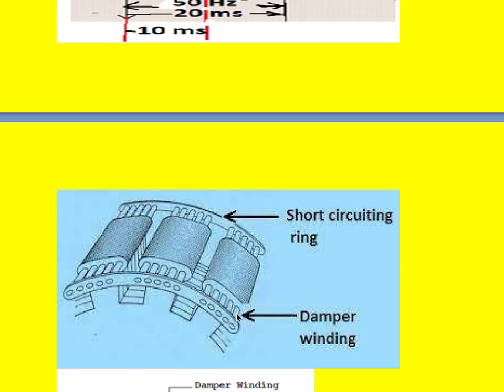That is like this. This is the damper winding, here also damper winding. Whereas this is the end ring, this is also an end ring, which short circuits the damper windings. And these are the rotor field windings.